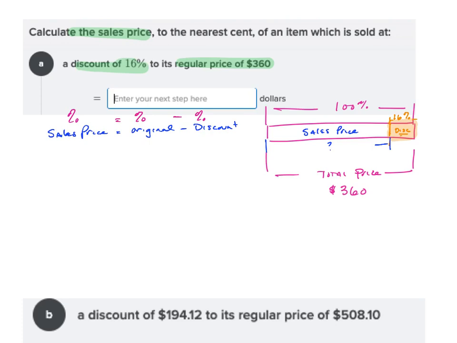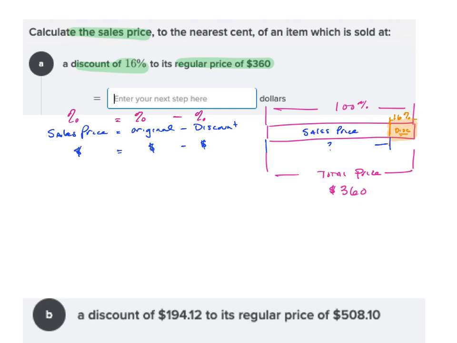Or you could figure out the sales price in dollars by figuring out the original amount in dollars and subtracting the discount amount in dollars. And it does not matter which way you do it. Both ways, you're going to have to do some multiplication and understand your percents.